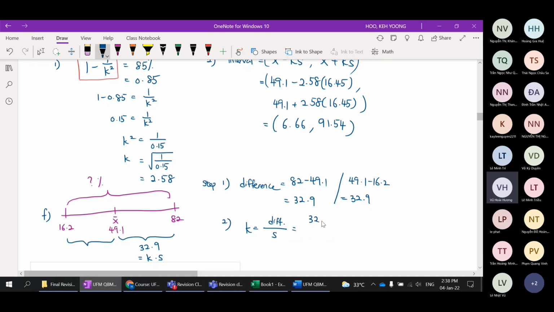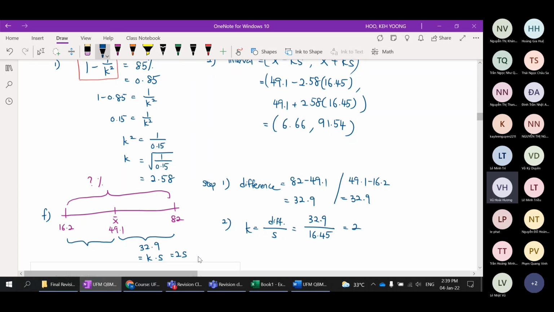So take 32.9 divided by 16.45. You got 2, which means this interval is 2 standard deviations away from the mean. Okay, you get what I mean?